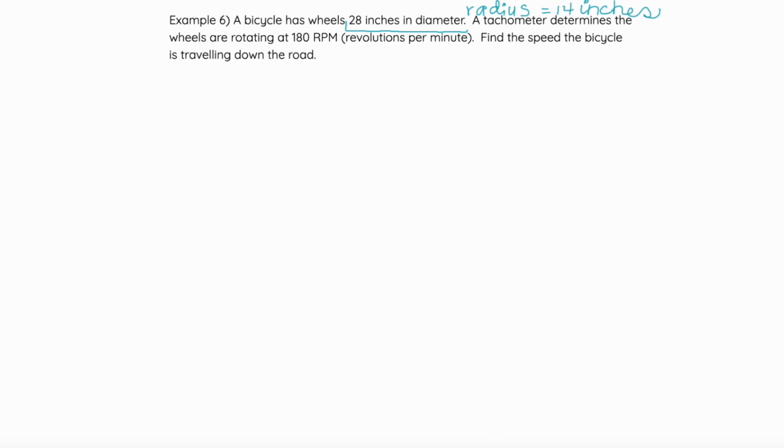That is going to be our angular velocity, the w piece, so let's hang on to that. Find the speed of the bicycle as it travels down the road. As it's traveling down the road, that's linear velocity, which is what we're looking for.